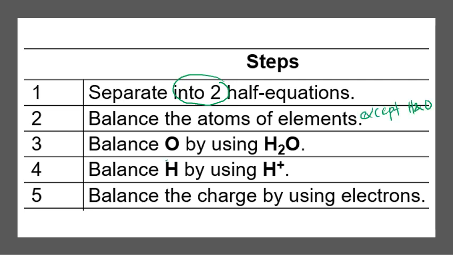And then balance oxygen by adding H2O, balance hydrogen by adding H+, and then balance the charge by adding electron at the more positive side. So in the lecture later, we will continue with step 6 until 10, where we will focus more on how to balance the equation in the acidic and also the basic medium.